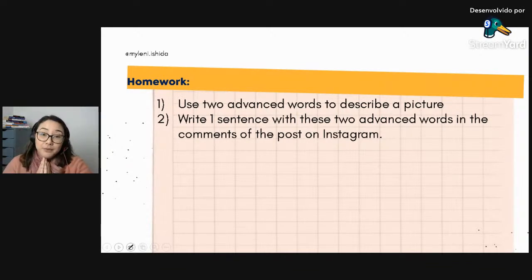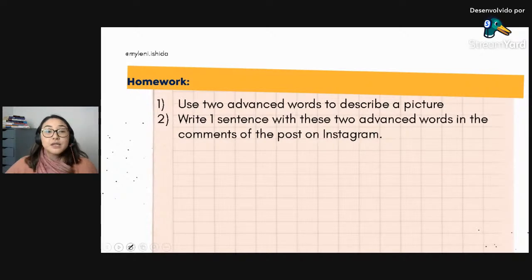This is a way for me to help you to study, right? The password for this class will be the word summit with double M, because as you've seen, we saw this word at the beginning and at the end of the class as well, okay? So the password is summit, right?